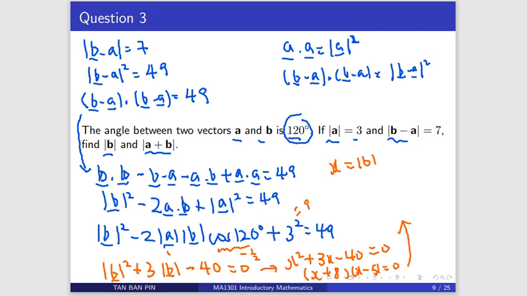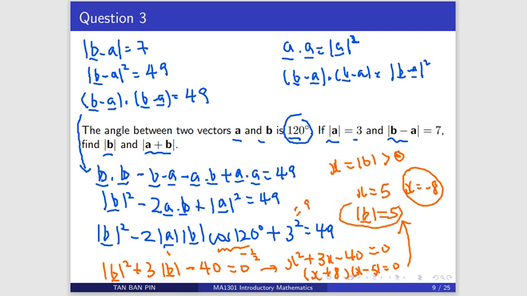So you have x equal to 5 or x equal to minus 8. The magnitude of B is positive, so you reject the negative answer. So x is 5, and the magnitude of B is 5. You can do it this way, then you don't have to draw a diagram.